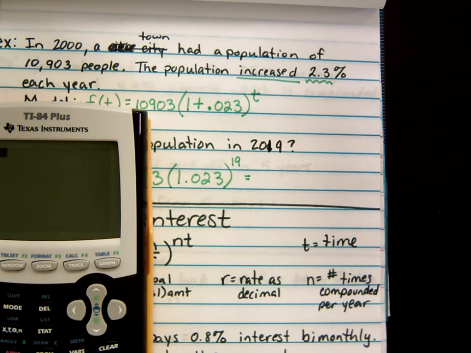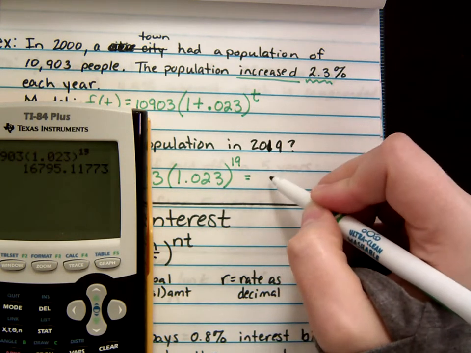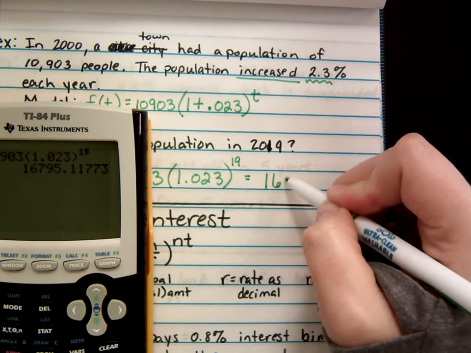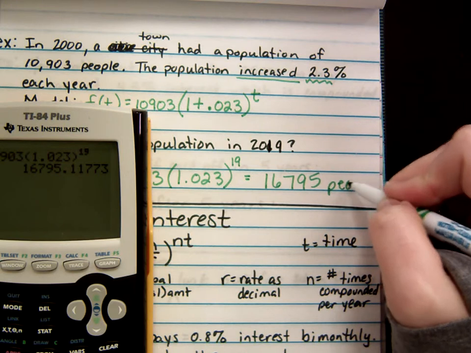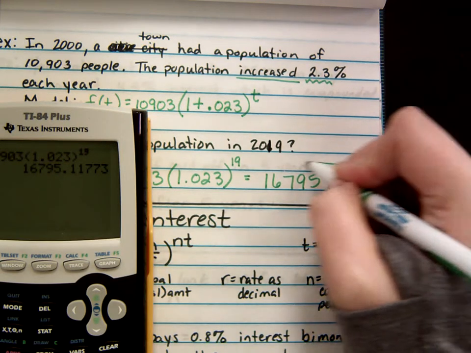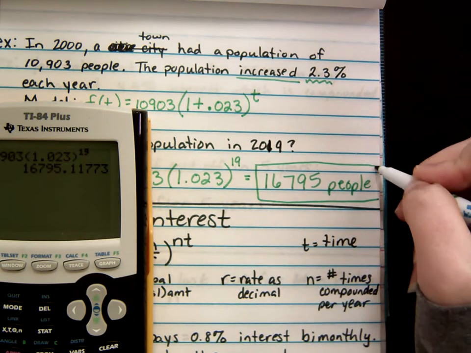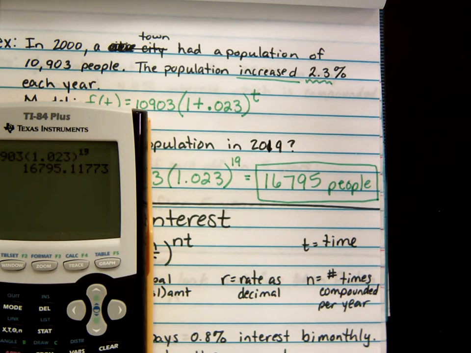So 10,903 times 1.023 to the 19th power means the population increased to 16,795 people. Now I am not putting a decimal here because you can't have just part of a person, so we round to the nearest whole number.